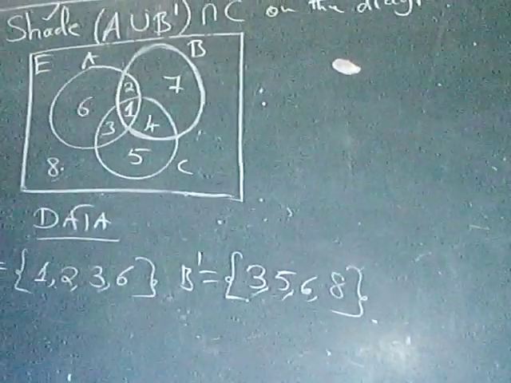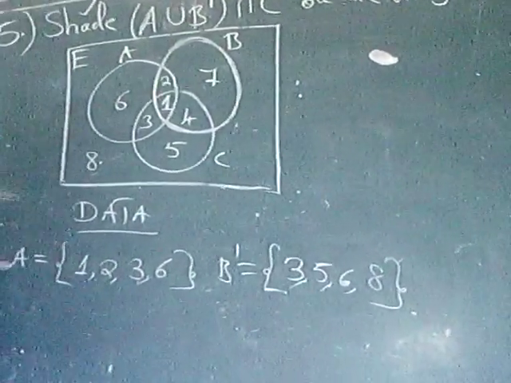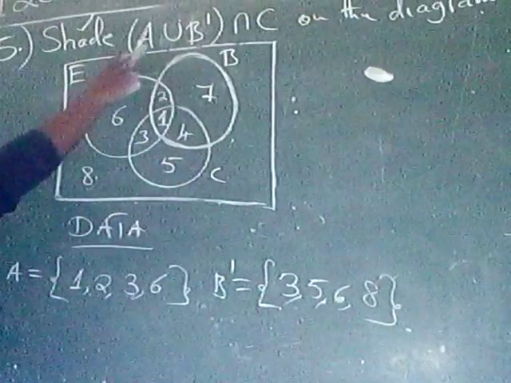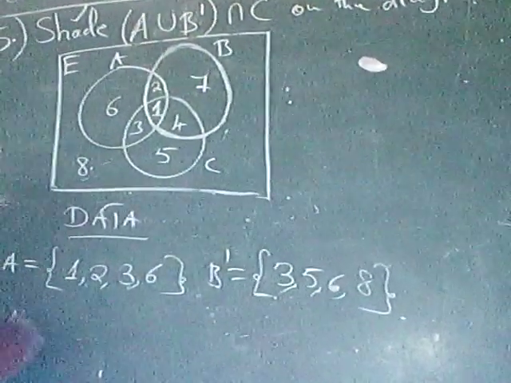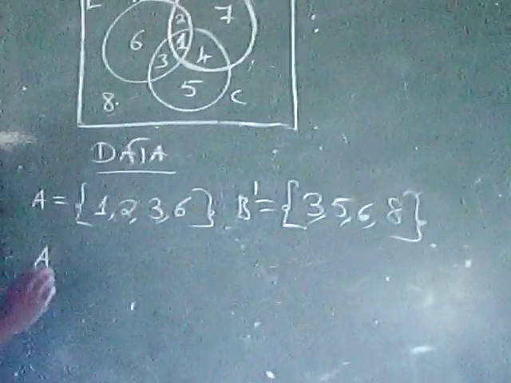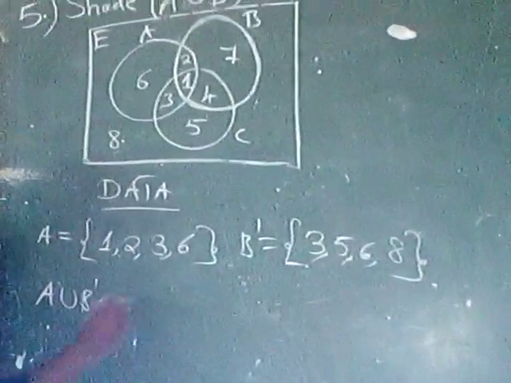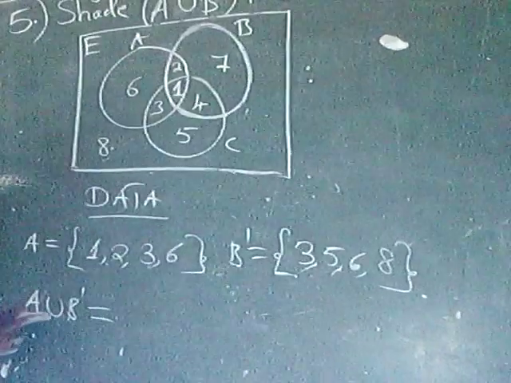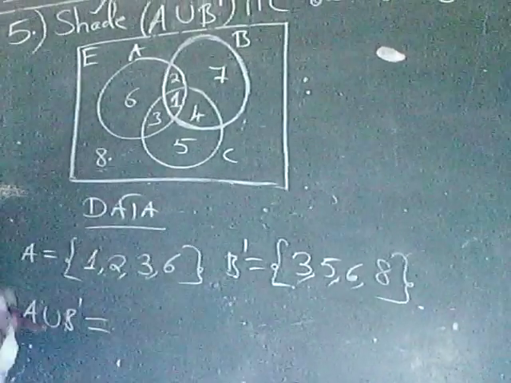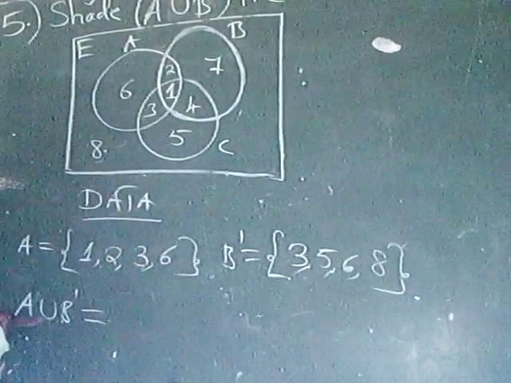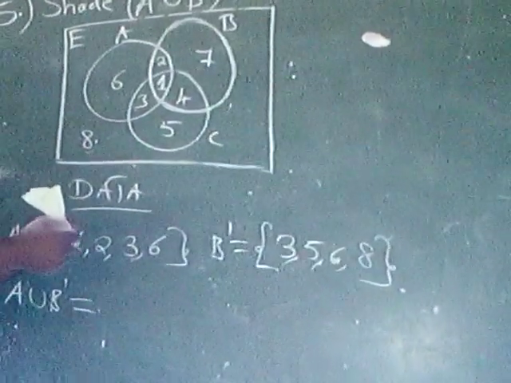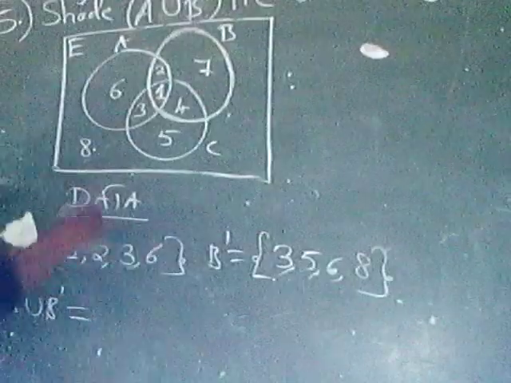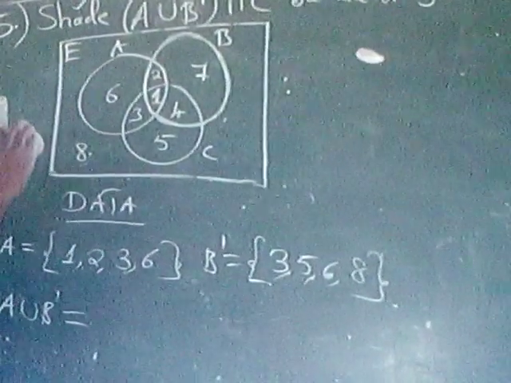Now, we want to combine A and B complement by saying A union B complement. When we say union, we are talking about the sum of these two. We combine them, but we don't repeat. If a number repeats, we just write it once.